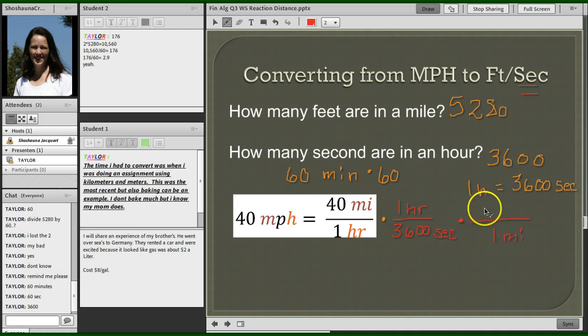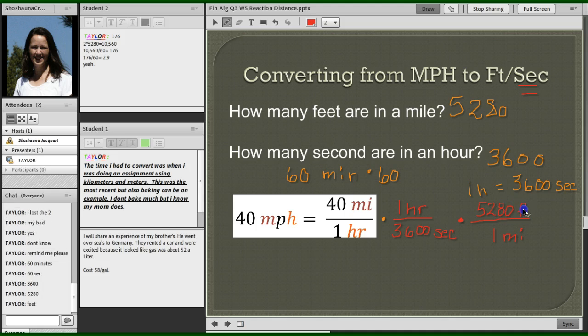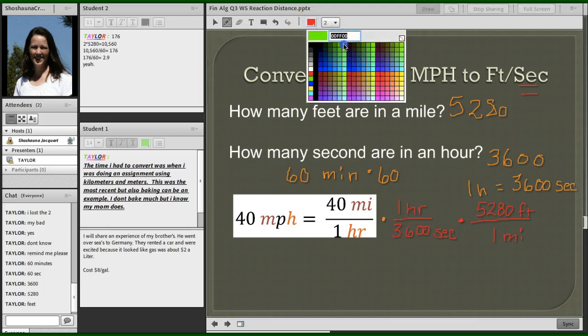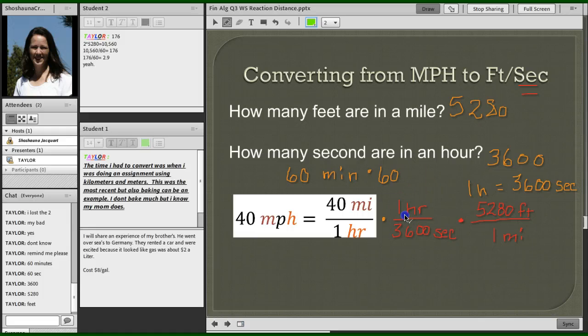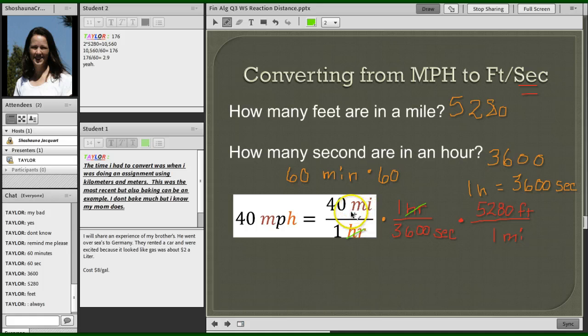So what do we want to put in the numerator? Good, and I like that you realized you wanted your feet there too. Feet are always a good thing to have. They help you walk. So we're going to go ahead and cancel what we can.